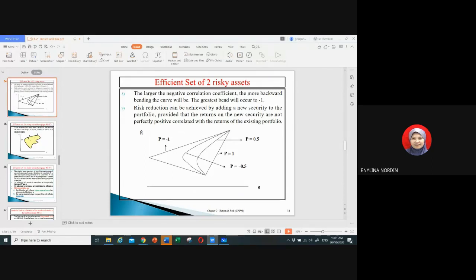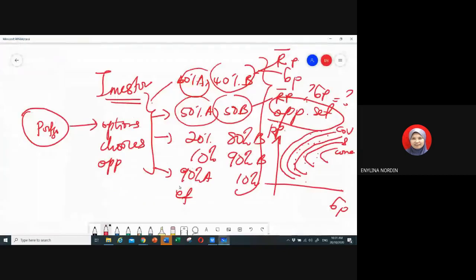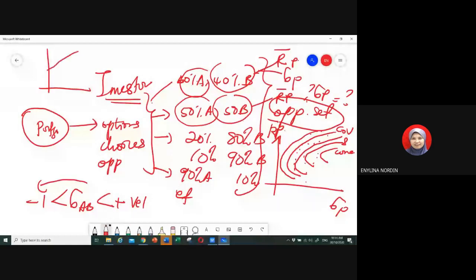So kita kena ingat the range of correlation between stock, let's say in this case stock A and B, adalah between negative 1 and positive 1. Kalaulah dia menghampiri negatif, dia akan touch macam ni. Itu perfectly negatif, negative 1.